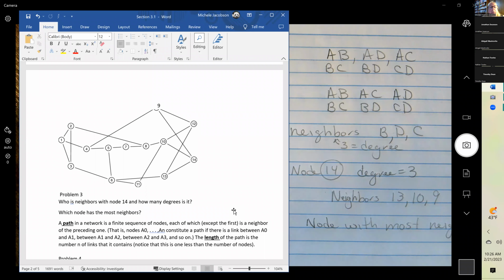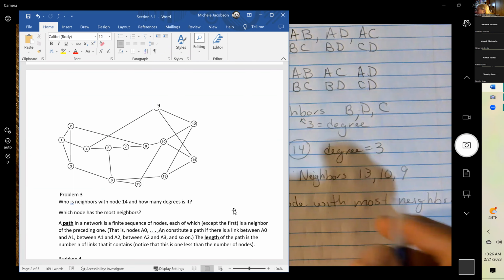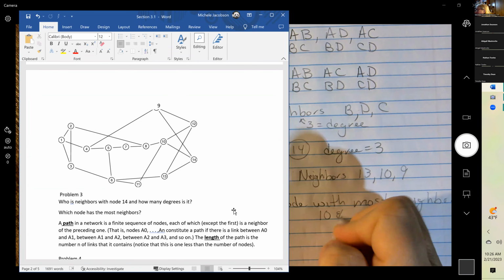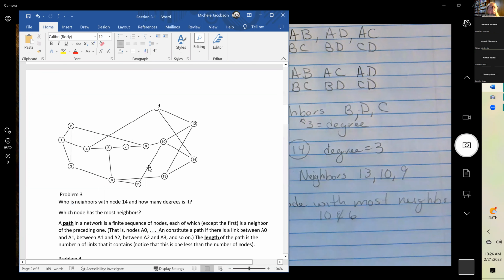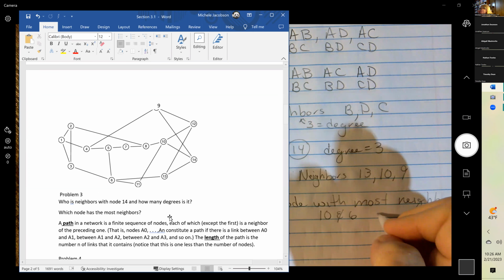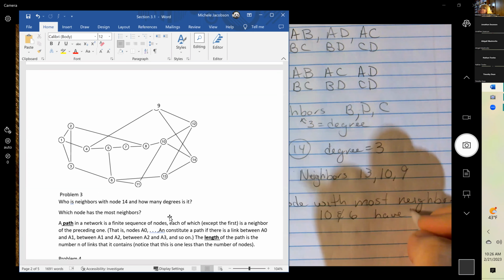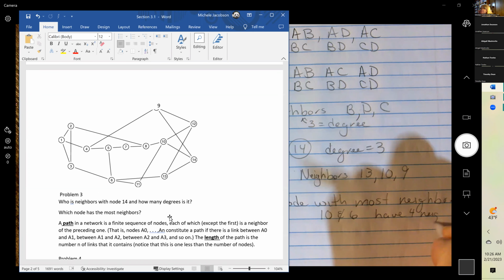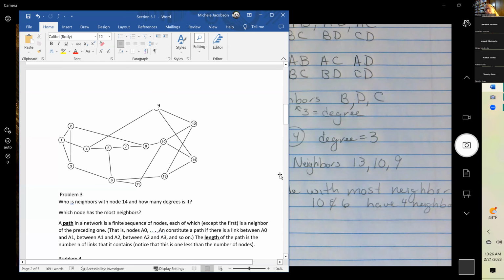There's one more that has 4. So the nodes with the most neighbors are 10 and 6. Notice 6 has 1, 2, 3, 4. So 6 and 10 both have 4 neighbors. Any questions on that?